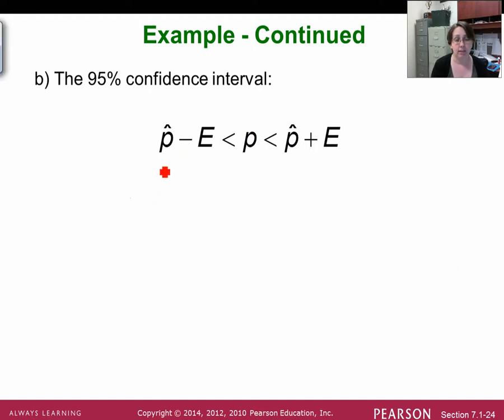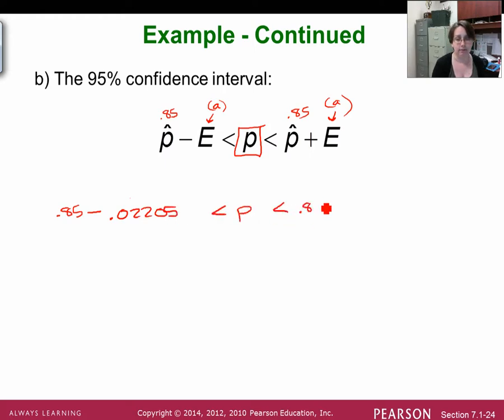P hat, that is the 0.85. We keep the P. The E is what we just found in part A. So I'm going to do 0.85 minus my E that I just found, 0.02205, less than P, less than 0.85 plus 0.02205.